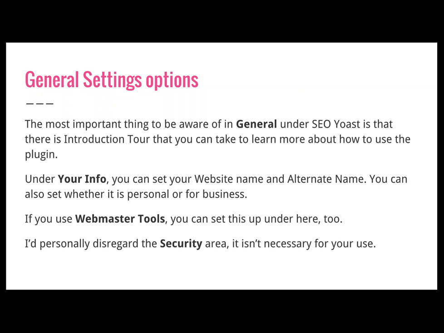You can say this is my website name, this is the alternate name for my website. You can also specify whether you're a company or a person. This is the kind of information that you can give to Google that they take into account whenever they're rating websites in the future.